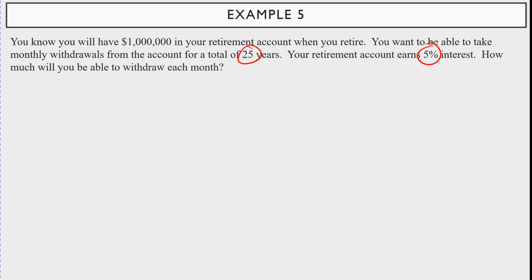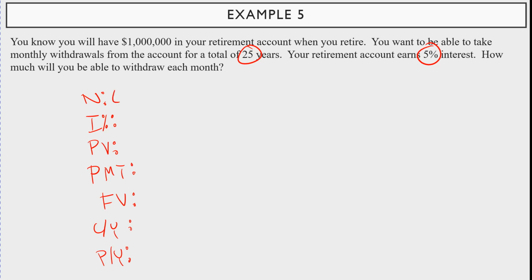All right, so again with the calculator, it's N, the interest rate, the present value, the PMT, the future value, and the compounds per year and payments per year. So what is N here? You're going to make monthly withdrawals for 25 years.